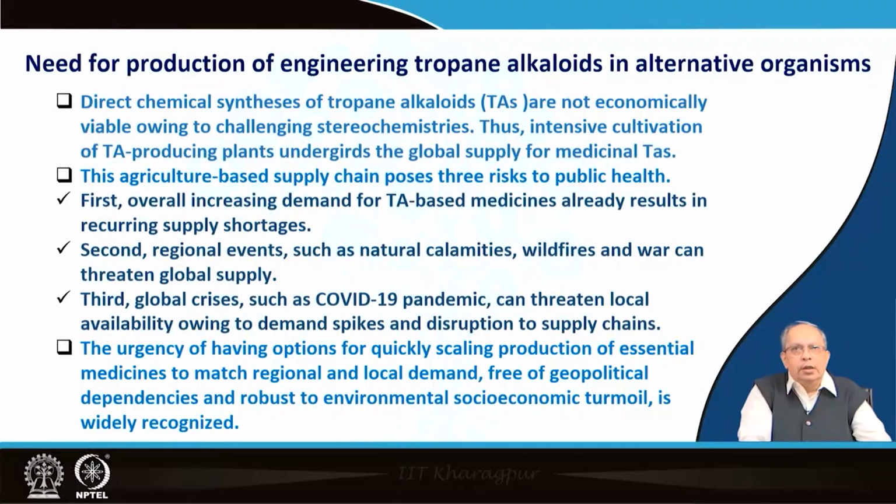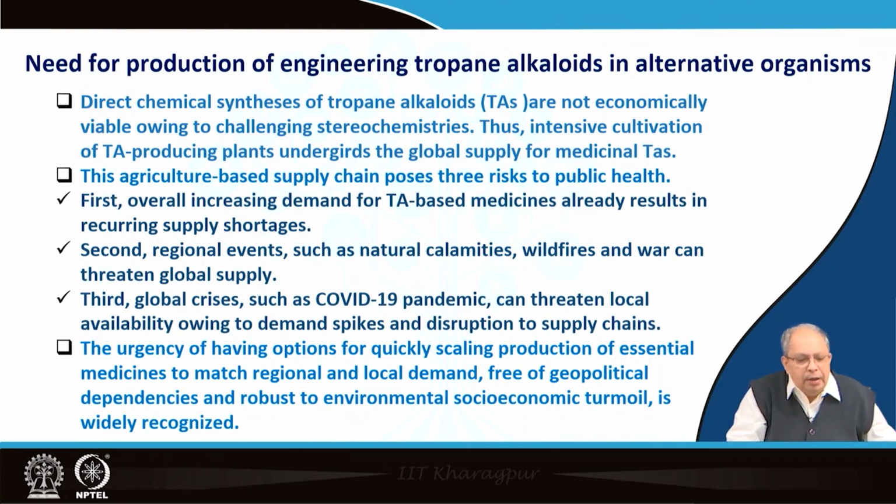Now, let us try to see the things in a different way. So, there is a need for production of engineered tropane alkaloids in alternative organisms. Why? Because the tropane alkaloids are harnessed from the plant to fulfill the demand of pharmaceutical industries.